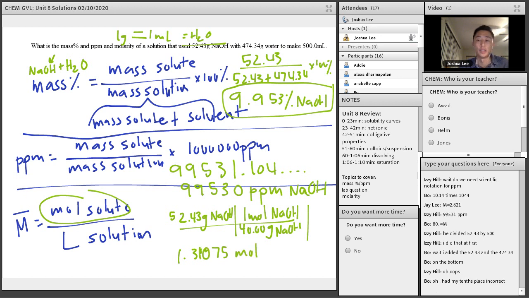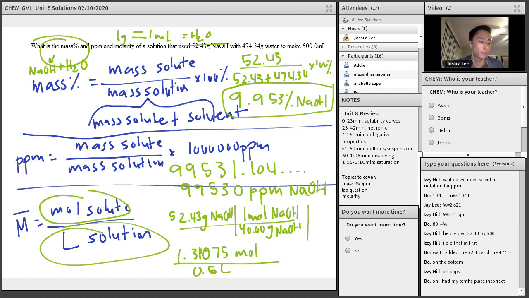But remember, we're not done yet. We then have to divide the moles by liters of solution. And we have to convert the milliliters to liters, so that'll be 0.5. So you're basically just multiplying by 2. So the molarity is 2.622 molar NaOH.